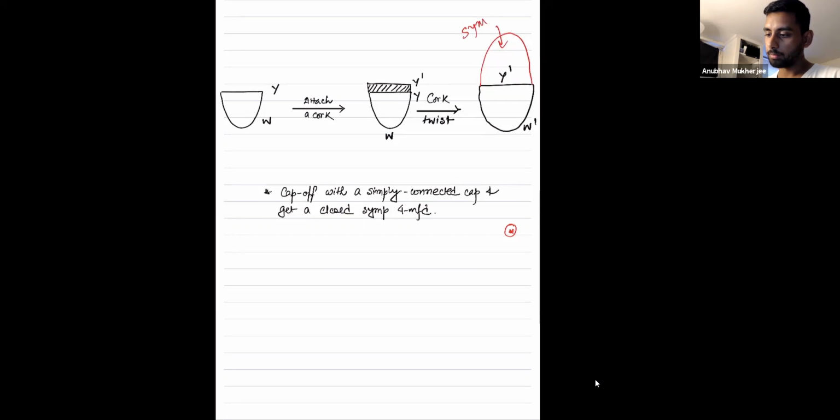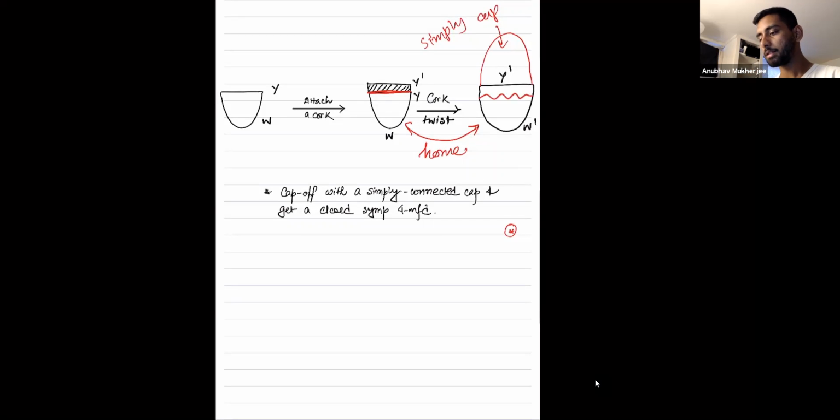And thus we get a smooth closed symplectic 4-manifold. But notice that since we are applying a cork twist, these two manifolds are now only homeomorphic. So in particular, this Y was embedded here smoothly, but we cannot guarantee anymore that the image is smooth.